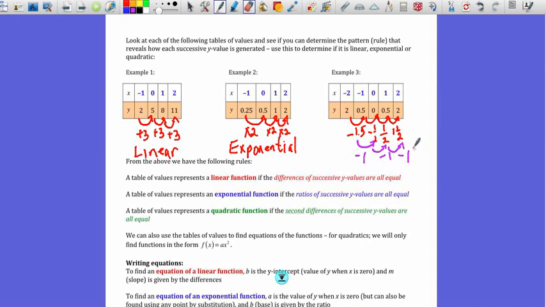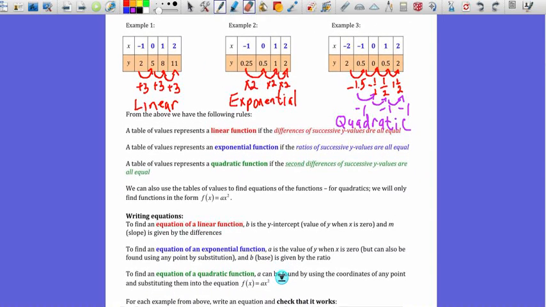And what we have, therefore, is constant differences in the second difference, and that is the tell for a quadratic function.